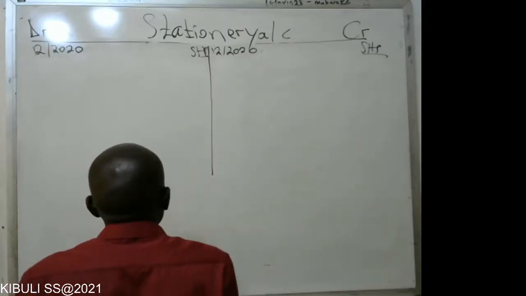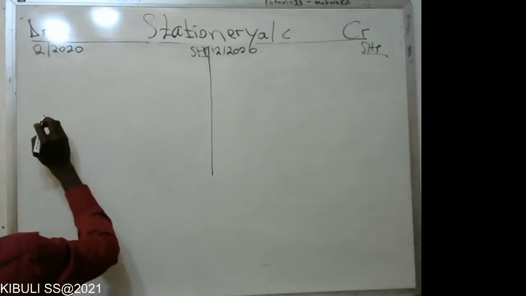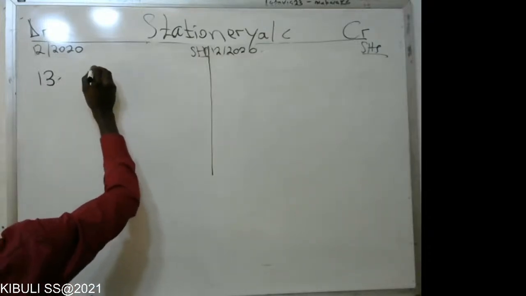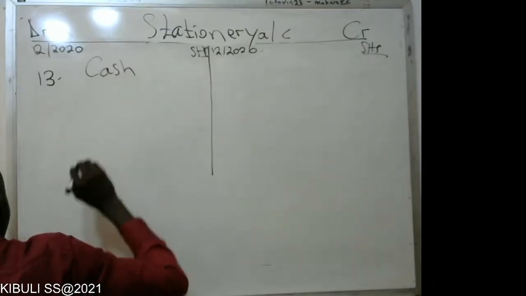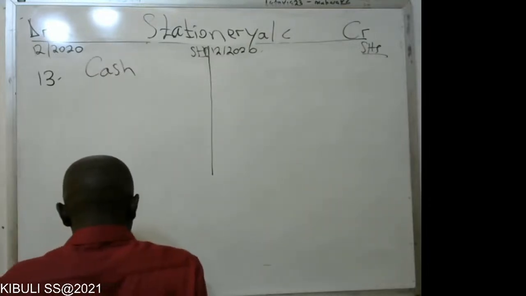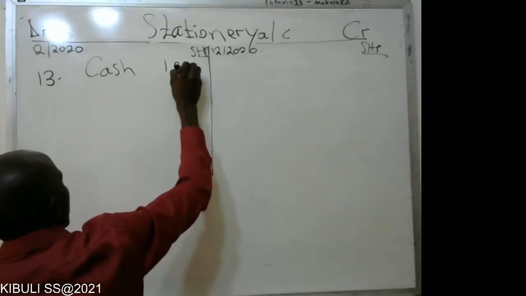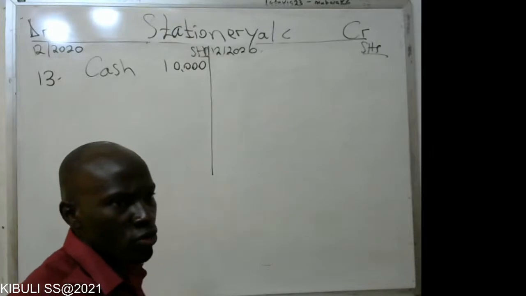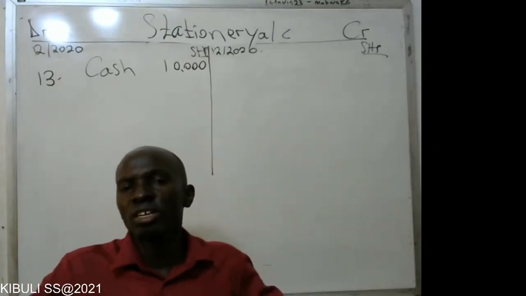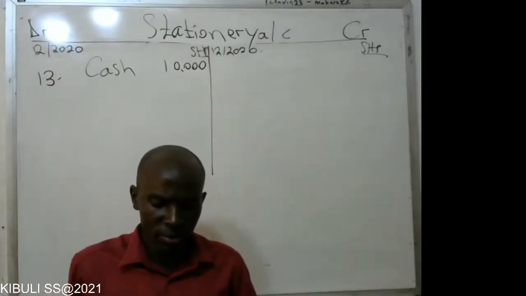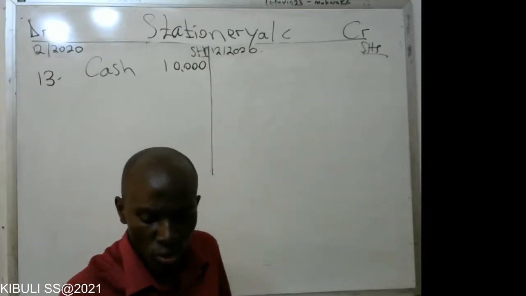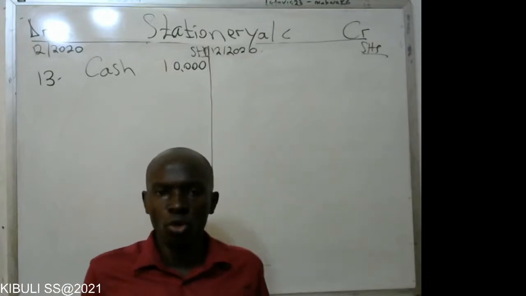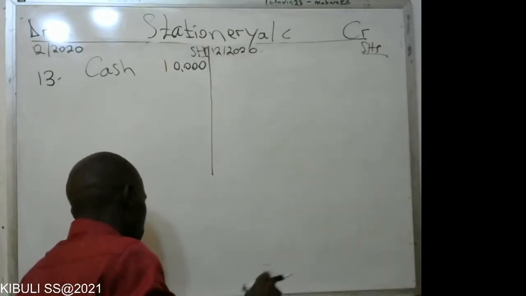So we are going to debit the stationery account on 13th. Stationery received from cash because we paid for stationery. How much? 10,000. Then you ask yourself: is there any other transaction affecting the stationery account? When you peruse, you don't see any other transaction affecting stationery. So you can proceed and close.